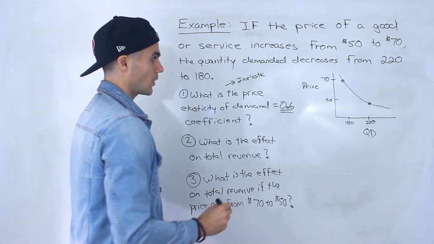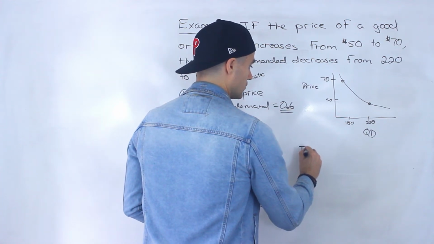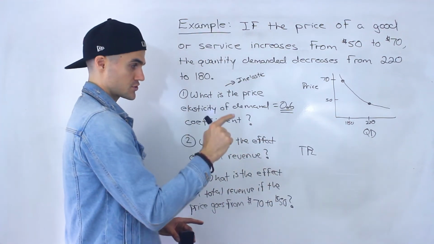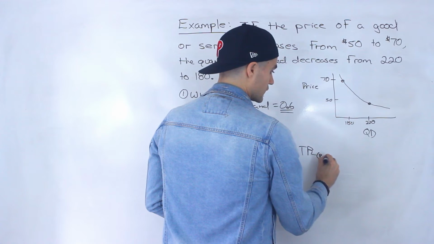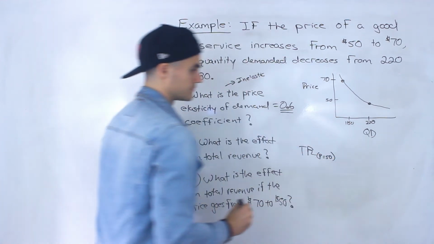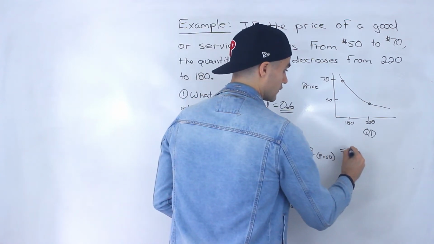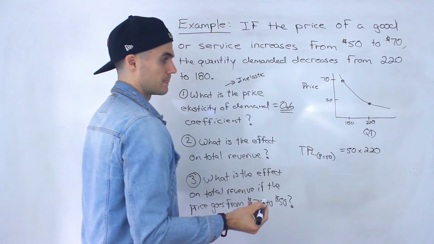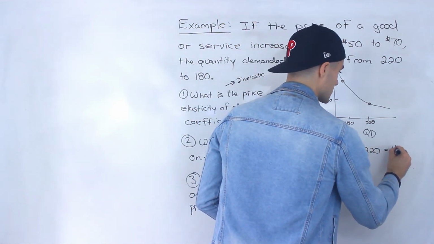So what is the total revenue to the producer if the price is equal to $50? Well, it's going to be $50 times 220, and 50 times 220 would give us 11,000.